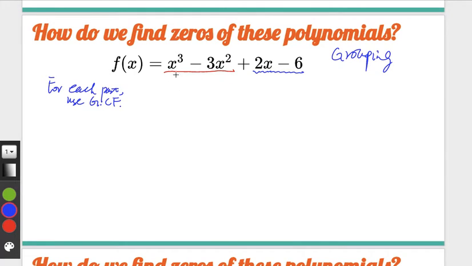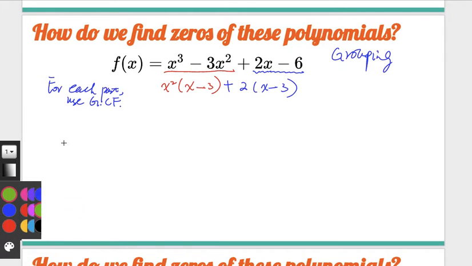For this one, they both have x squared, then x minus 3. And for the second part, they have plus, and then 2 times x minus 3. So if you pay special attention here, you would notice both terms have x minus 3. So that's something I'm going to take out.